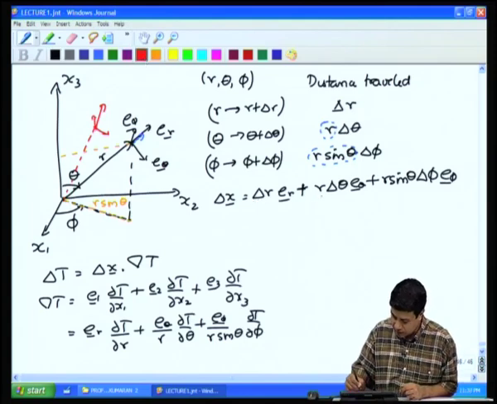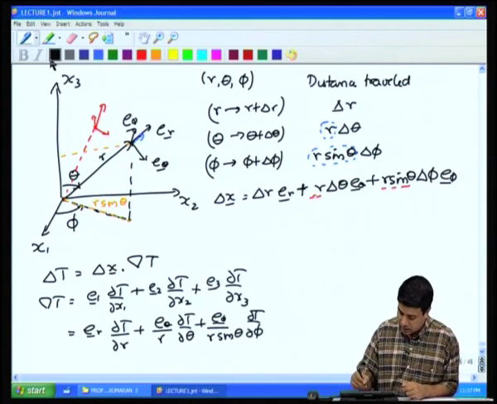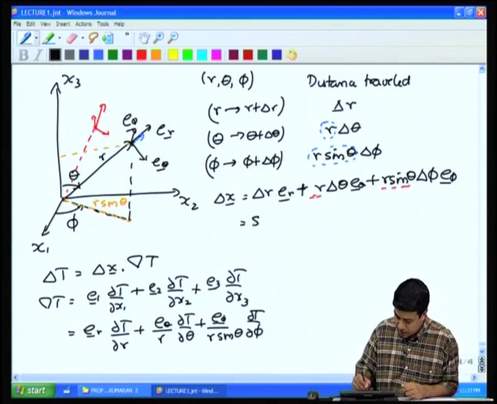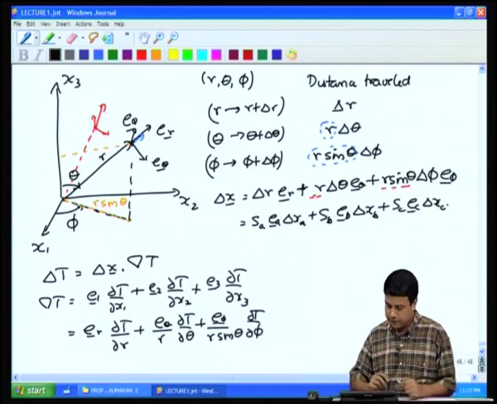So, these things are what are called the scale factors. In the case of r, it is just one, but for theta I have r, and for phi I have r sin theta. In any general coordinate system, where the coordinates themselves may not have dimensions of length, this can in general be written as S_A e_A delta x_A plus S_B e_B delta x_B plus S_C e_C delta x_C.